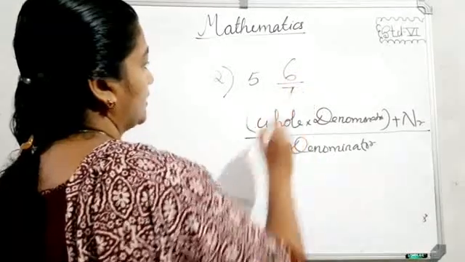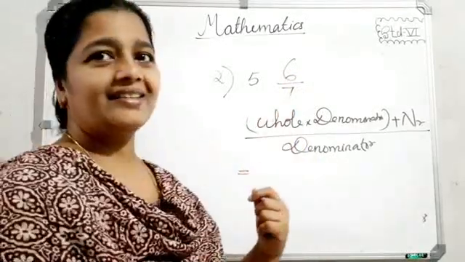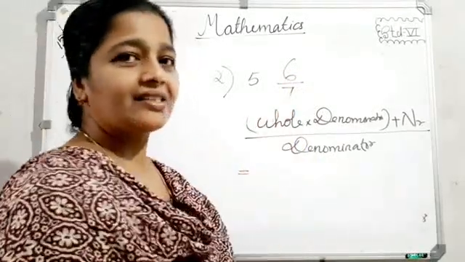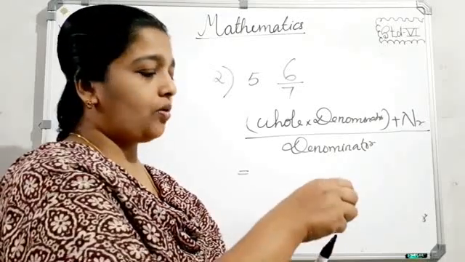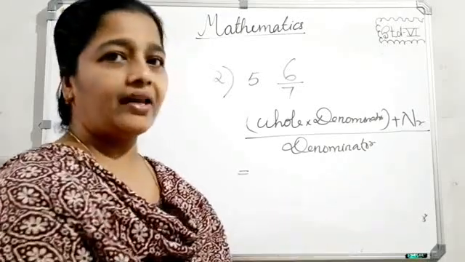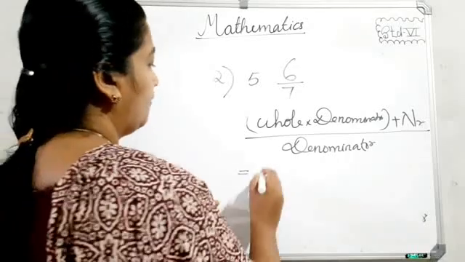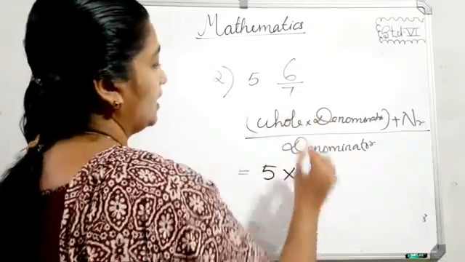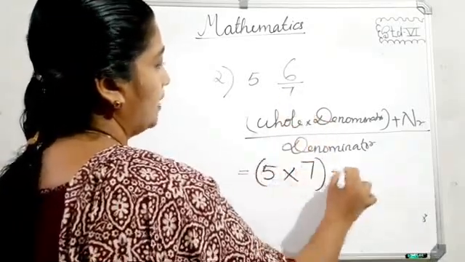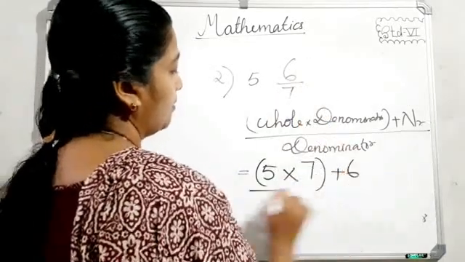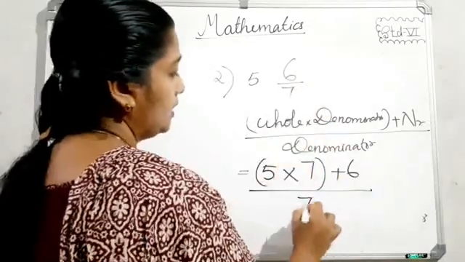5 and 6 by 7. Say the answer. Which number is the whole part? Yes, 5 is the whole part. That is 5 into denominator 7 plus numerator 6, by denominator 7.